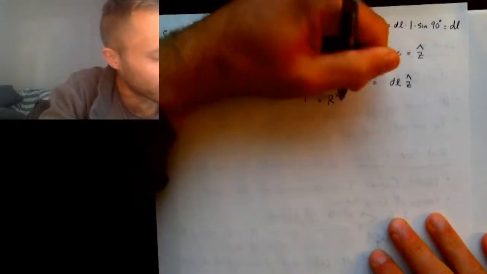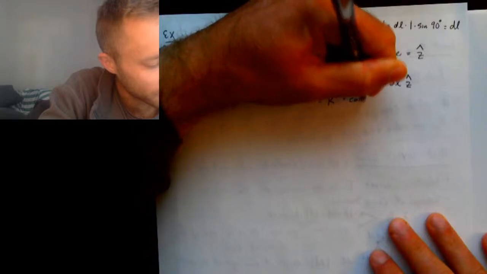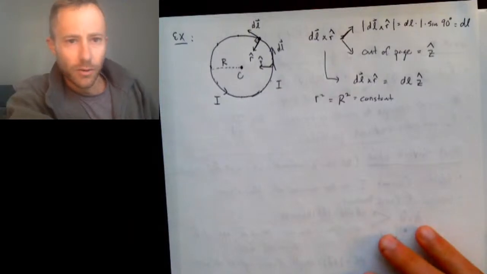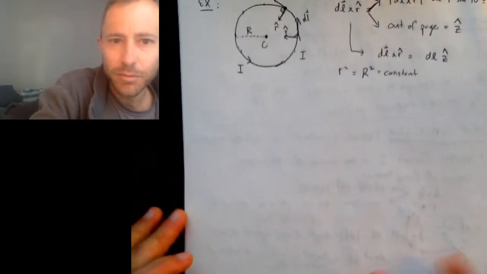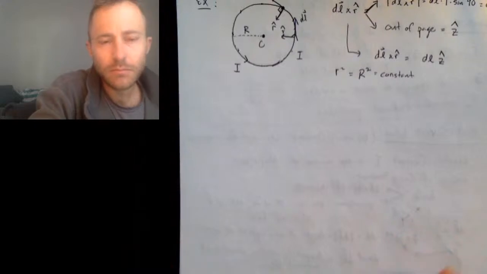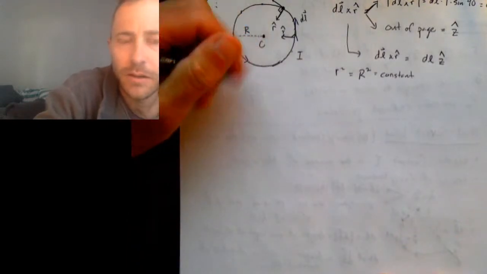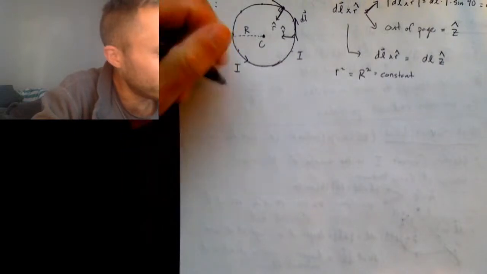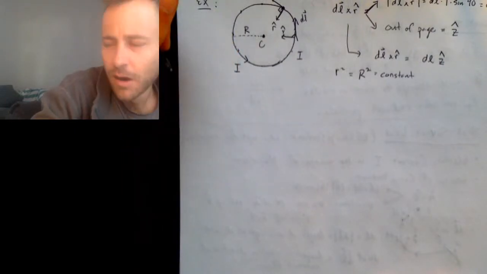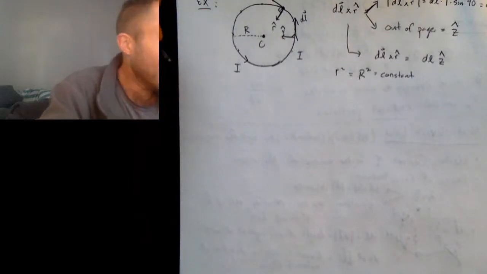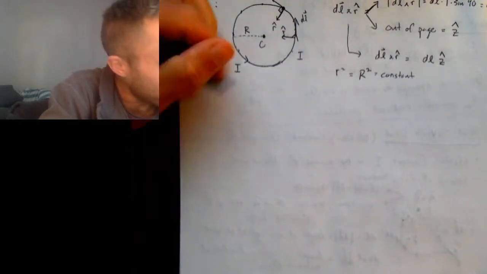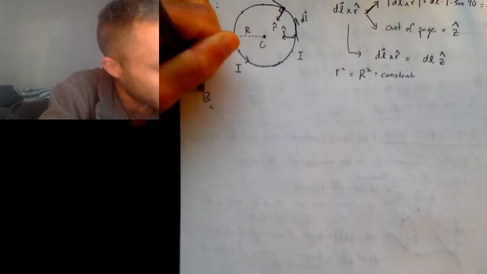So this is going to be a constant. So when I plug this into the Biot-Savart law, I'm trying to get the magnetic field at the center.